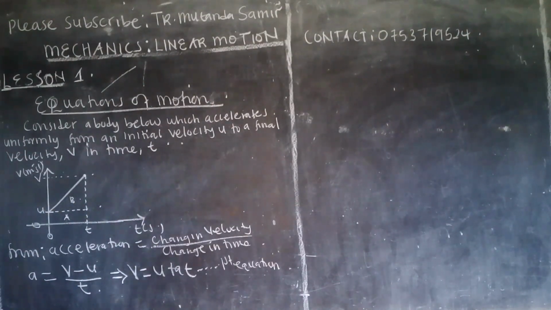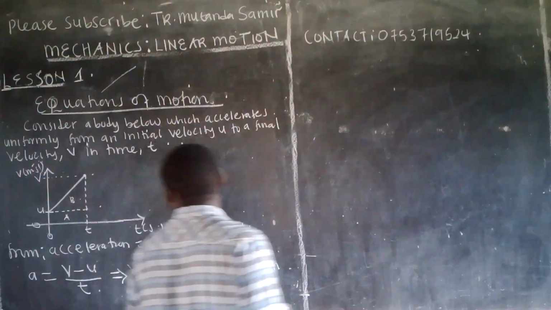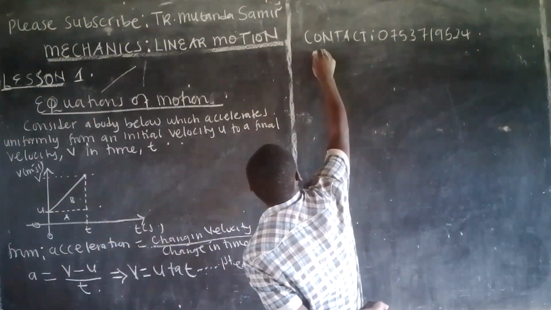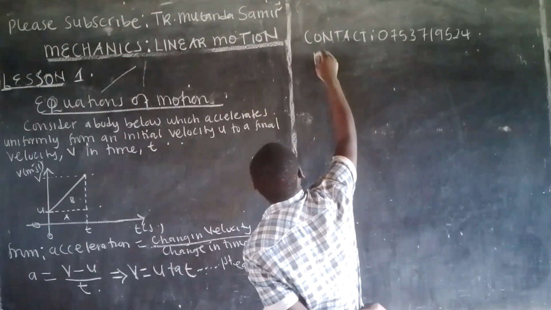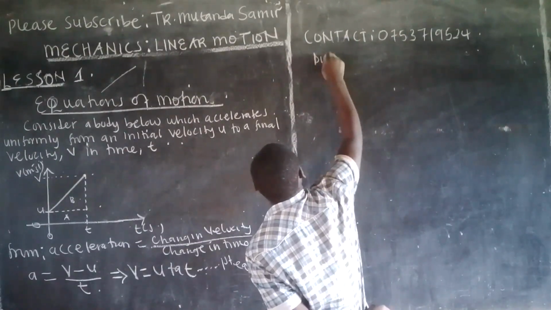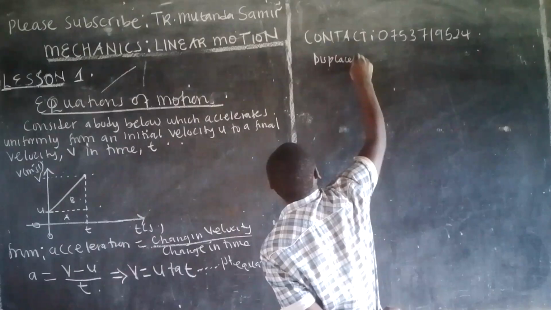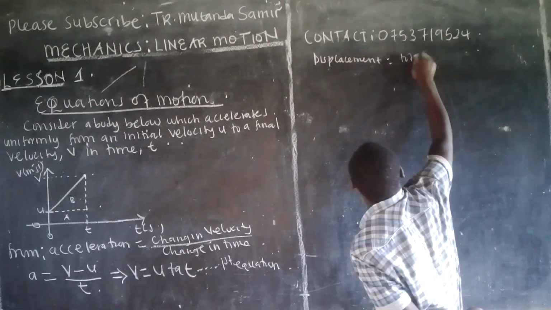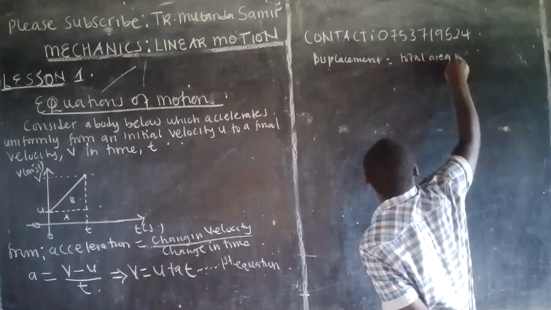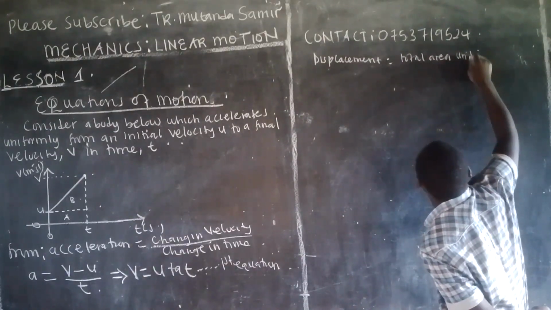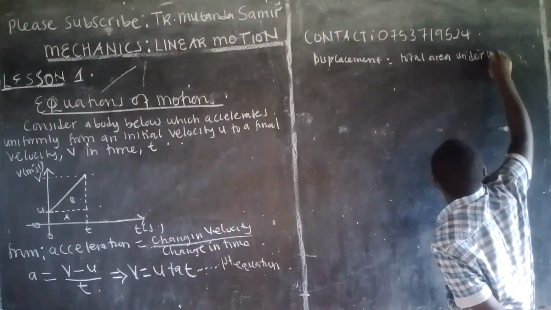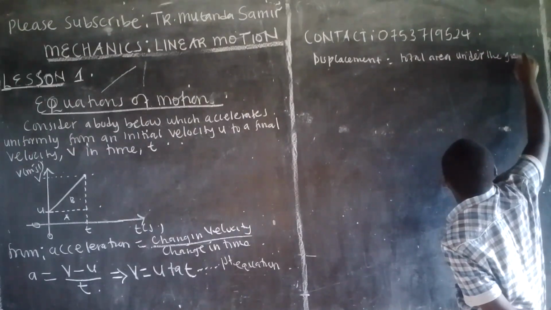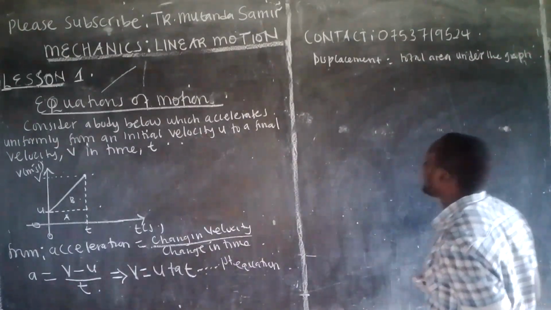Okay. Now from the graph, displacement equals total area under the graph. What does it mean?